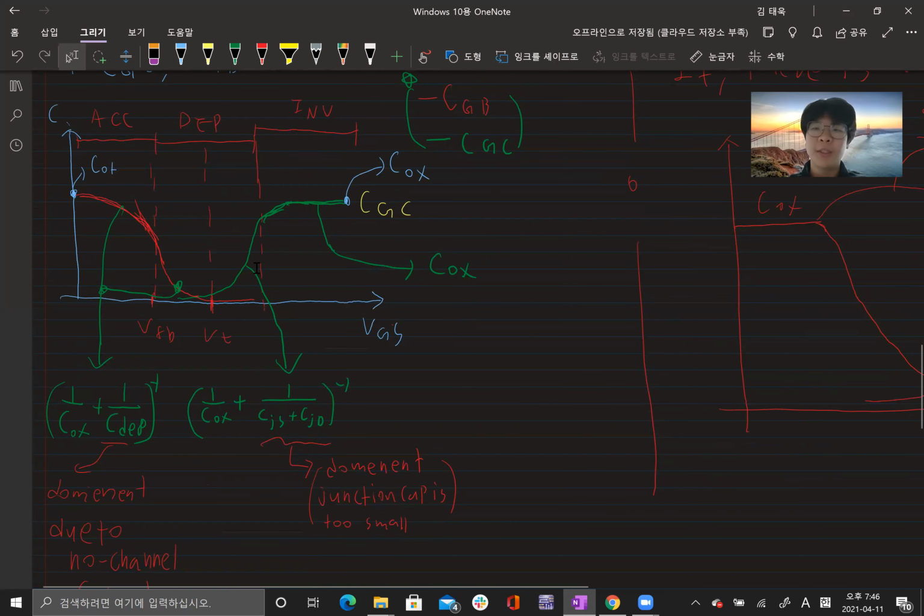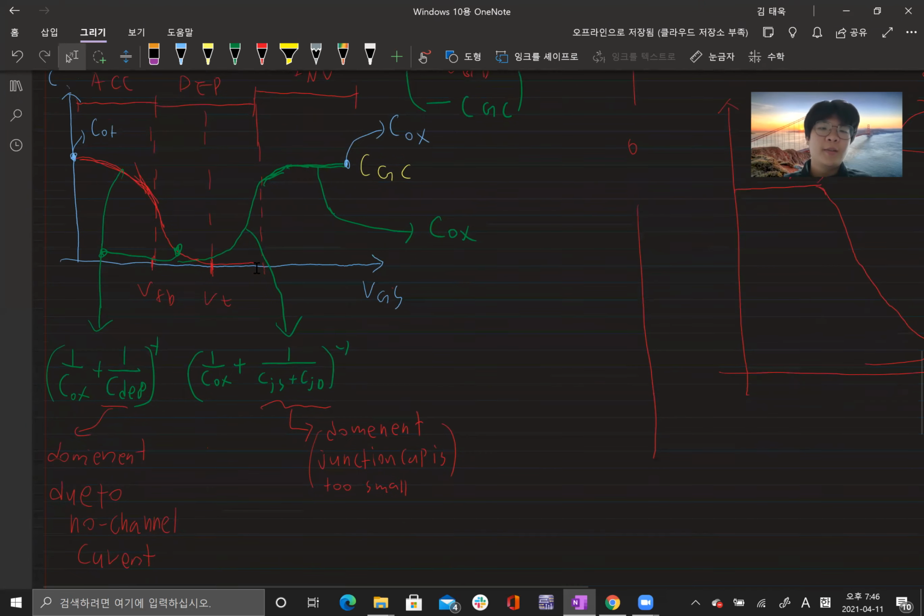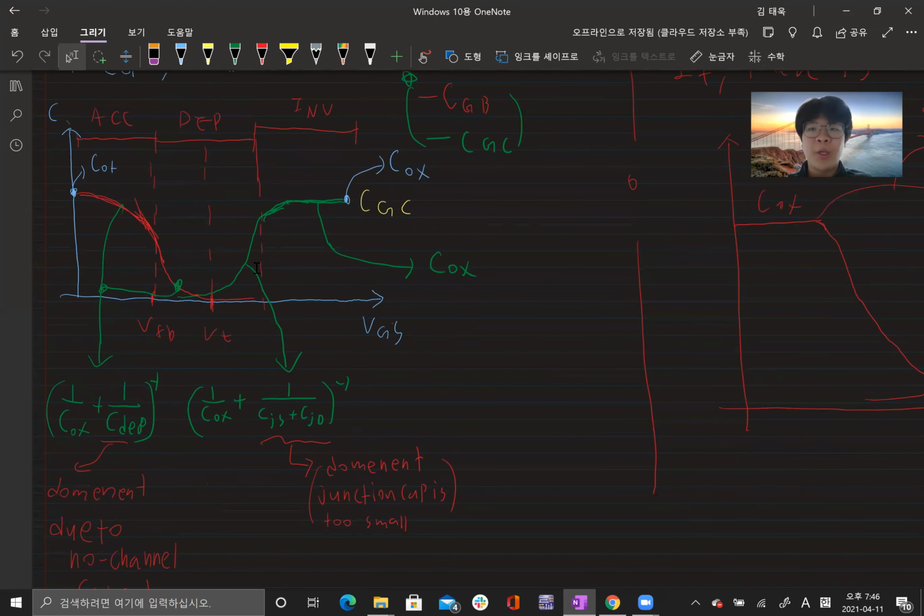However, in the depletion region, after the threshold voltage, junction capacitors would be dominant because they are so small. So at the threshold voltage, there will be almost zero capacitance.